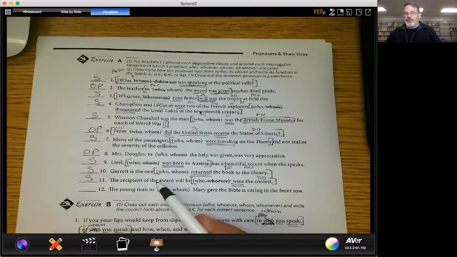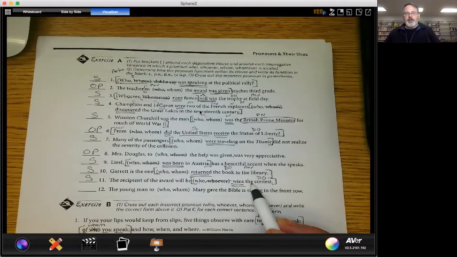But perhaps if you're talking about graduating, many people will graduate. You might say the list of graduates will be whoever completes the required classes. Okay? Whoever completes, it's still nominative case, but we're not talking about only one.